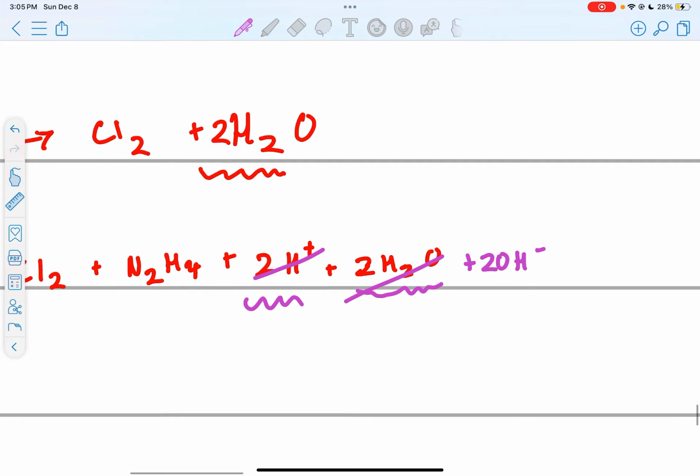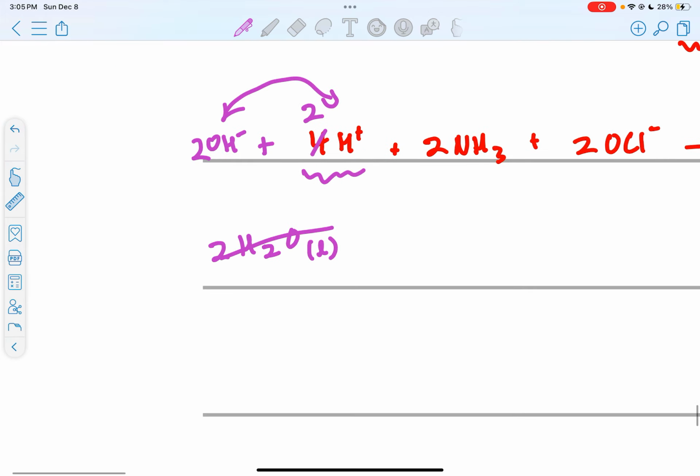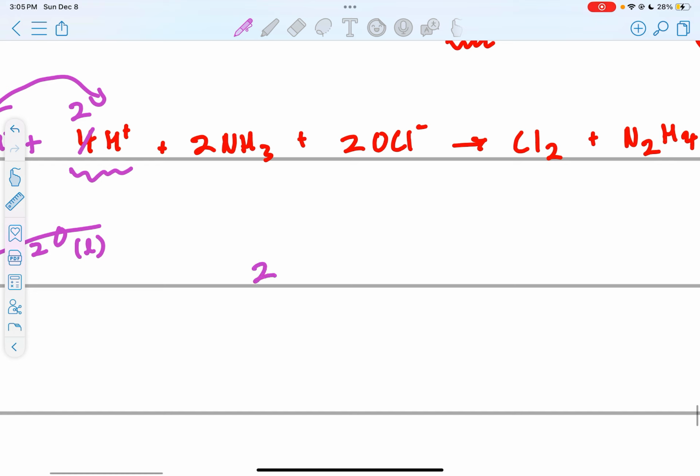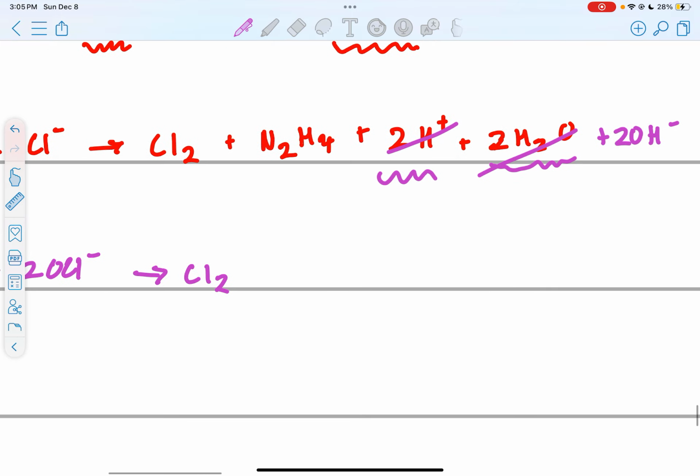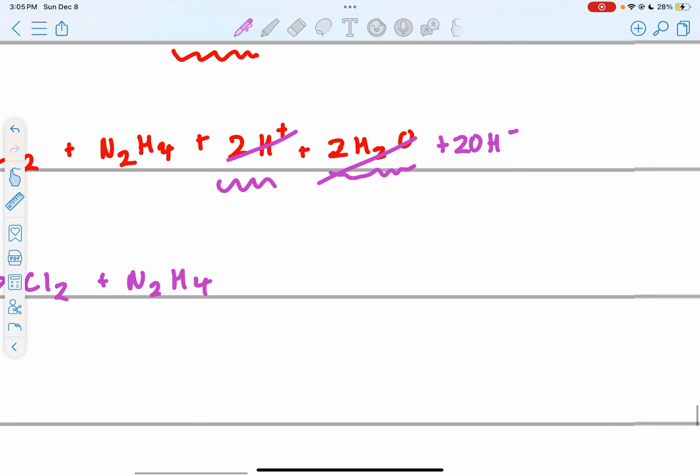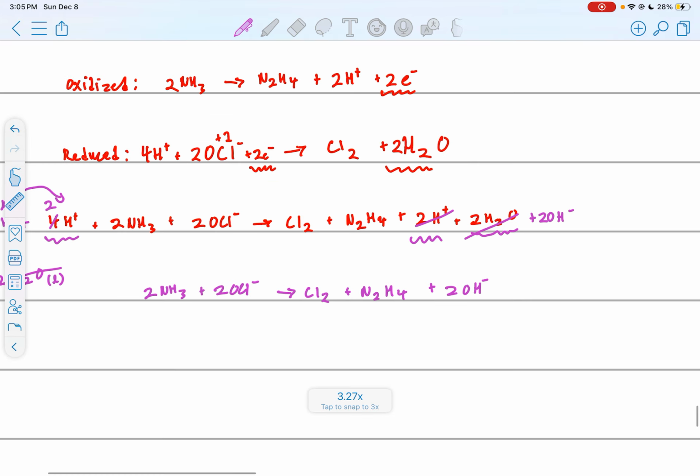So we'll cancel out the waters on both sides. And that leaves us with 2 ammonias, 2 OCl, chlorines, your N2H4s, and lastly, your 2 hydroxides, which did not cancel out with anything.